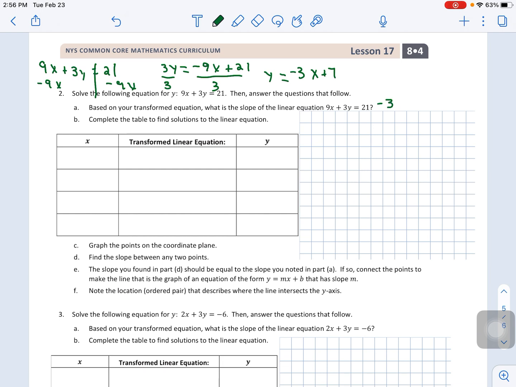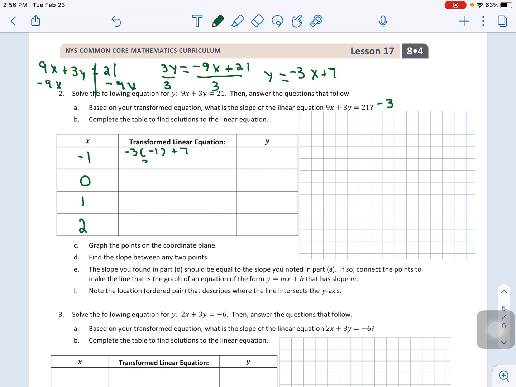For 2, we are completing the graph, so we'll do easy numbers like -1, 0, 1, and 2. And so I'll plug that into that solved equation. -3 times -1 plus 7.